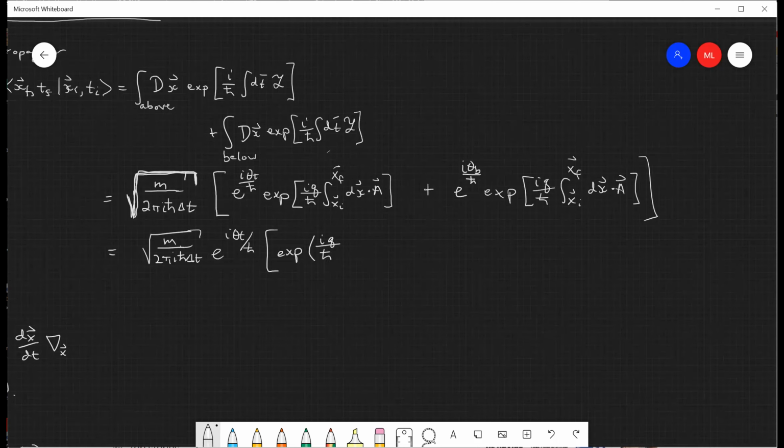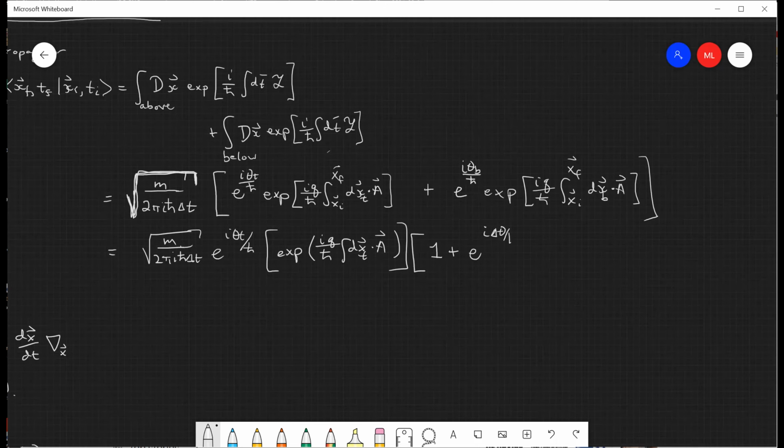So iQ over h bar, integral dx dot A. And I have to specify these somehow. So this is over the top paths and these are over the bottom ones. So we're going to extract this factor out. So this is all just a phase out in front. And then what you have left over is 1 plus e to the i delta theta, where delta theta is just the difference between theta b and theta t. It's the relative phase difference associated with the top and bottom paths.